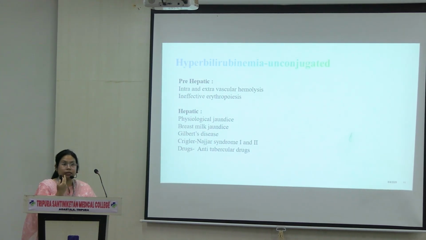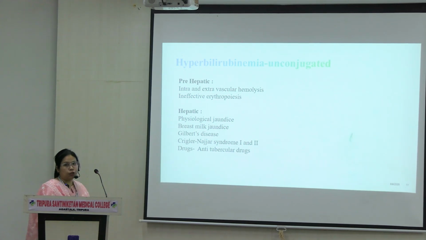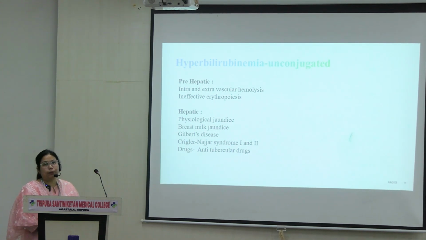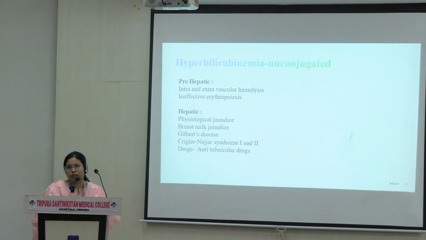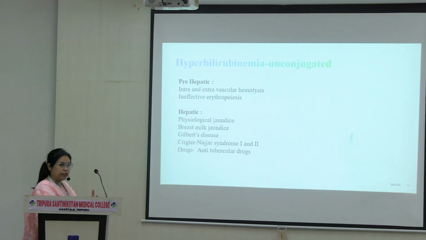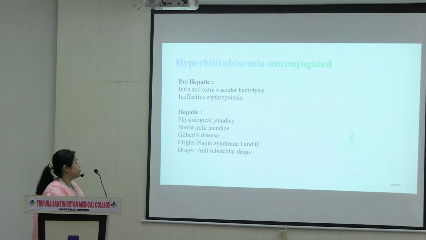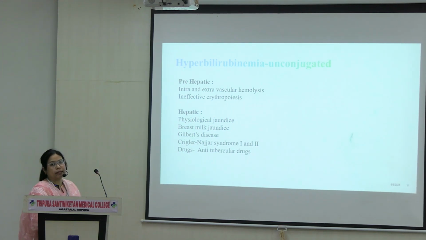See, there is conjugated and unconjugated bilirubin. By now you would know. What are the reasons for unconjugated bilirubin? Bilirubin gets first conjugated in the liver. Liver में conjugation होने से पहले, if there is any rise of bilirubin, that is called unconjugated bilirubin. We will see prehepatic, meaning the reasons that are not related to liver.